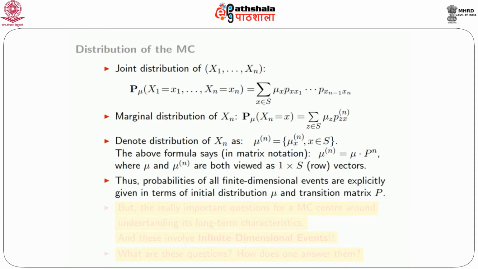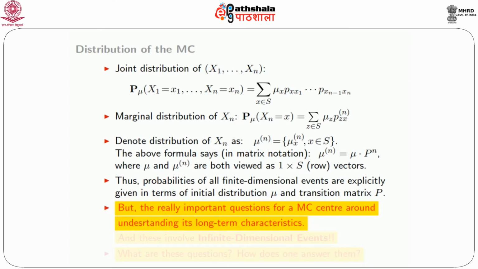Thus, essentially, probabilities of all finite dimensional events are explicitly given in terms of the initial distribution mu and transition matrix P, which is what the last two identities do. But the important question for a Markov chain really centers around understanding its long-term characteristics. One is really interested in those things, and understanding them really involves infinite dimensional events.